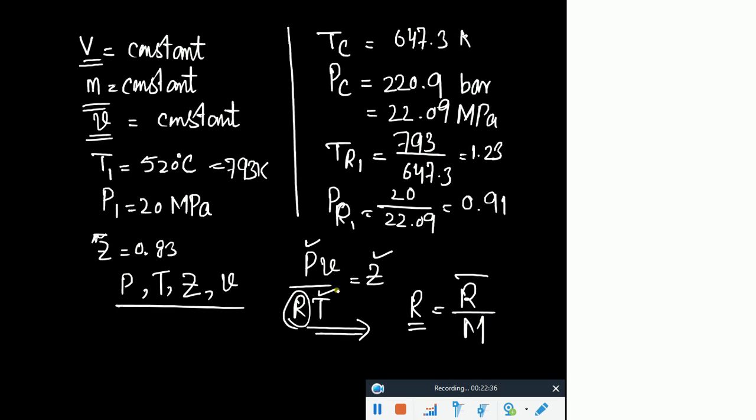Obviously you know this P, you know this T, you can find out that V, isn't it? So from here you know this V1. Now straight away from this, V1 would be equal to what? V2. Yeah, sure.